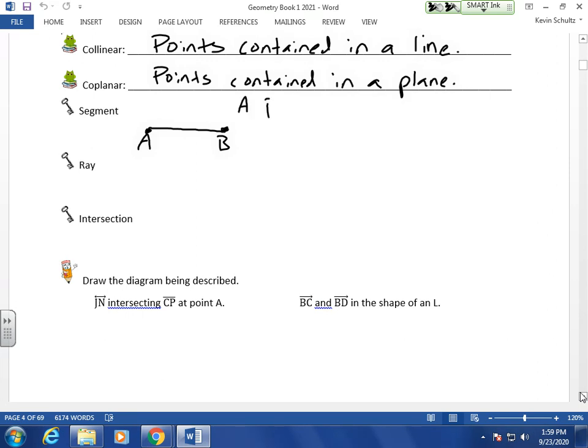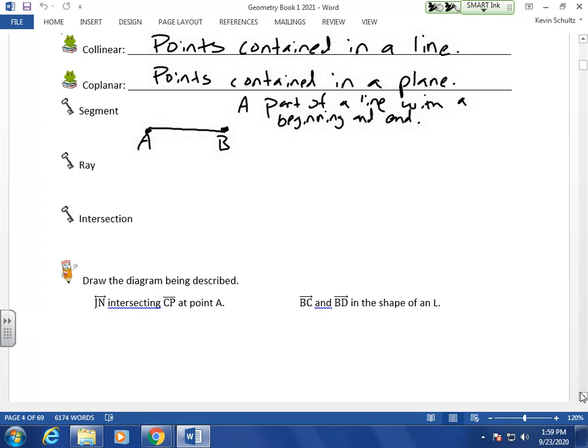We'll use part of a line. It's a part of a line, but what distinguishes it from a line is that it has a beginning and end point.